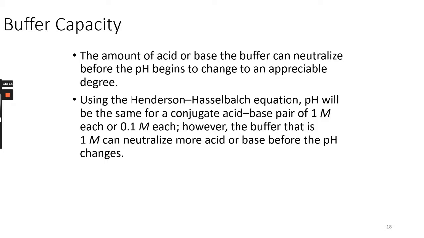If you use the Henderson-Hasselbalch equation, the pH will be the same for a conjugate acid-base pair of 1 molar or 0.1 molar of each, because you're taking the ratios, right? However, the buffer that is 1 molar will have a larger capacity to neutralize more acid and base before the pH changes.